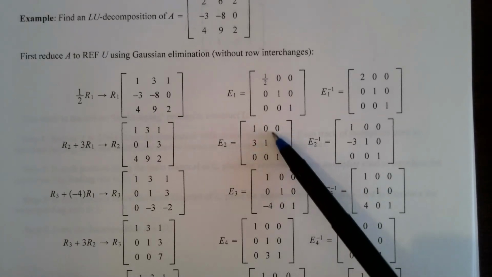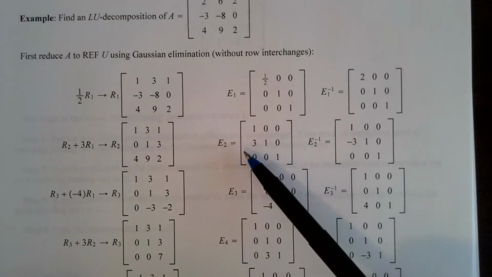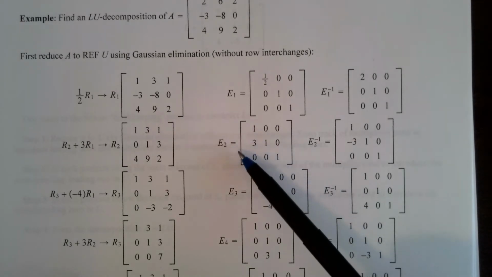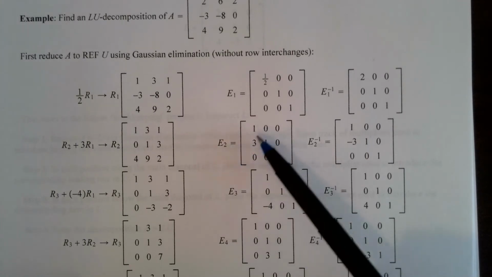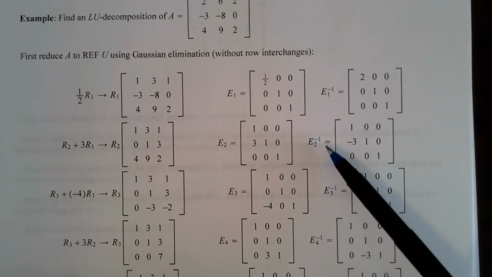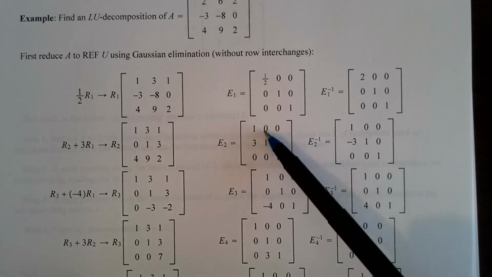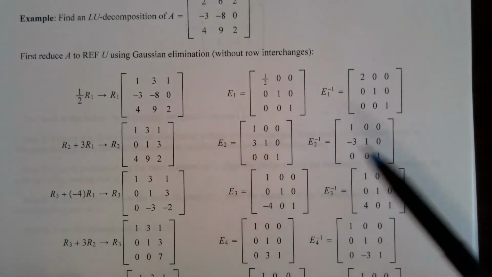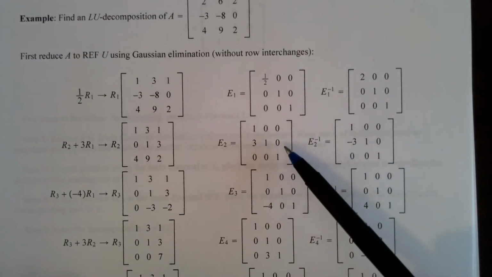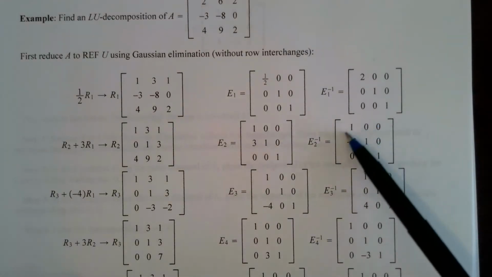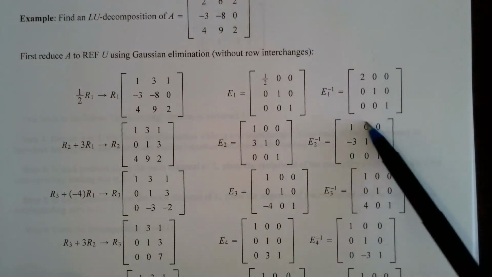How do you undo that? What's the inverse? Here I added 3 times row 1 to row 2. Now I need to take negative 3 times row 1 and add it to row 2 to get back. So I subtract 3 times row 1 from row 2 to undo it. And here is the inverse matrix for that process.